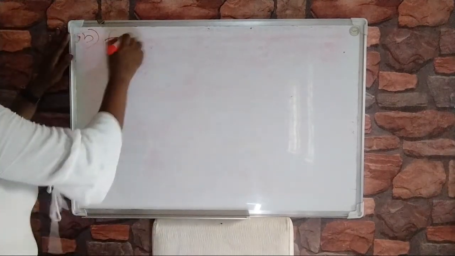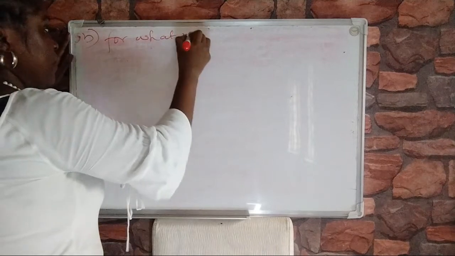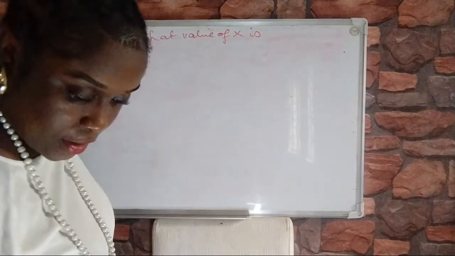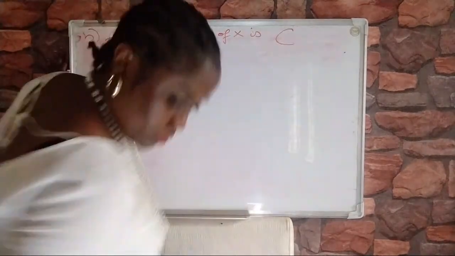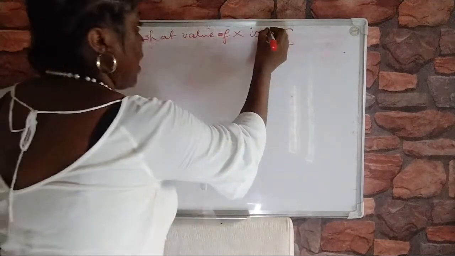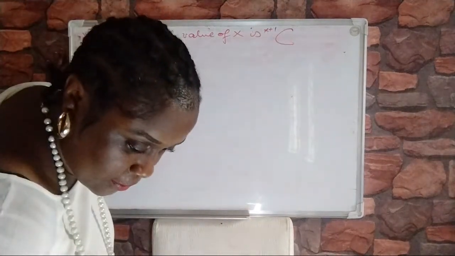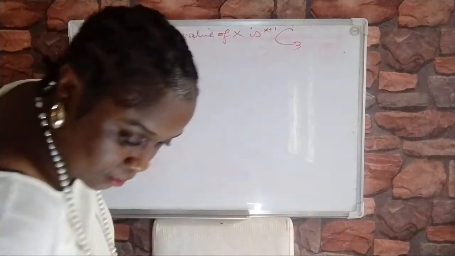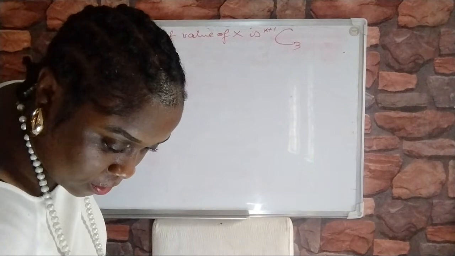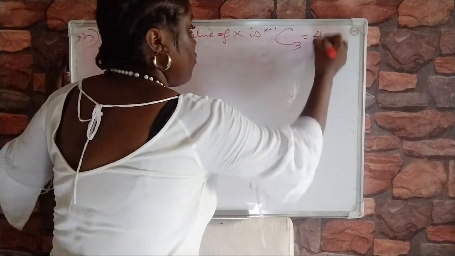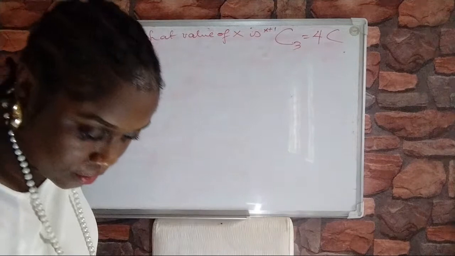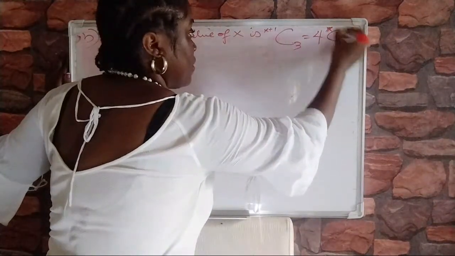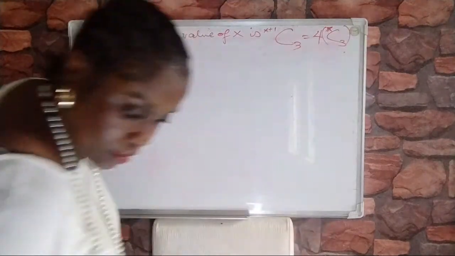For what value of x is combination x plus 1, 3 equal to 4 combination x, 3 in brackets?